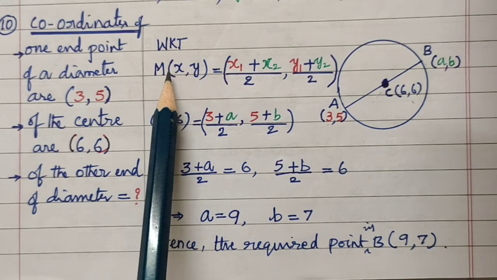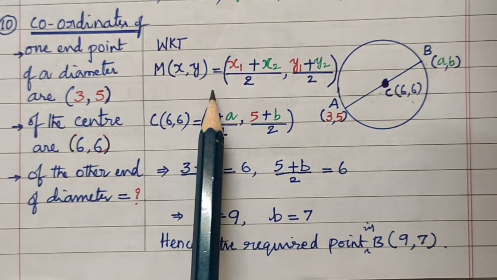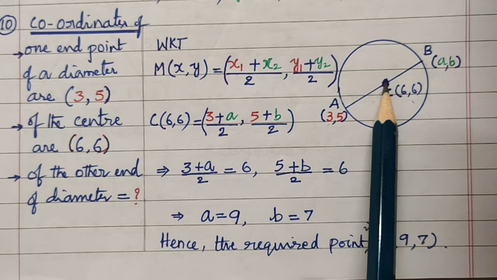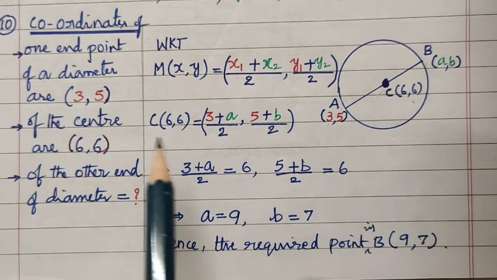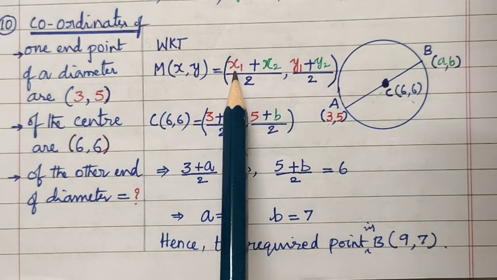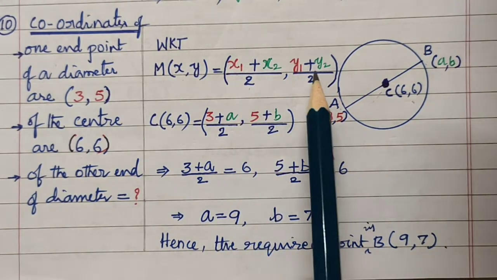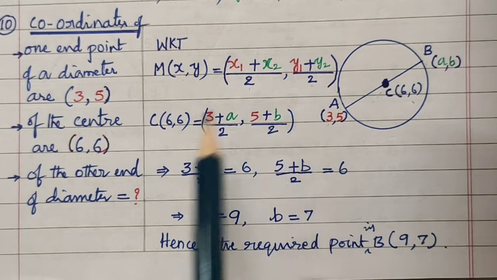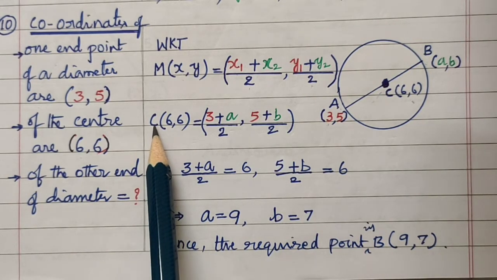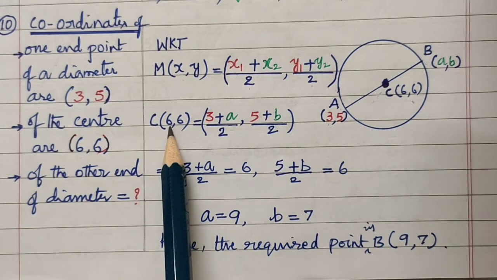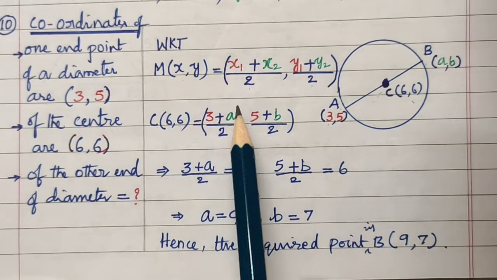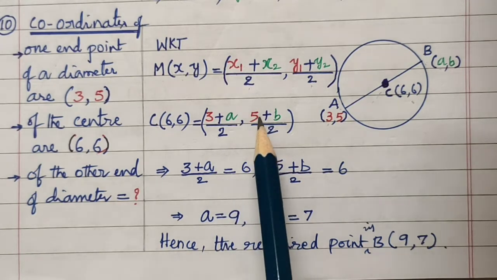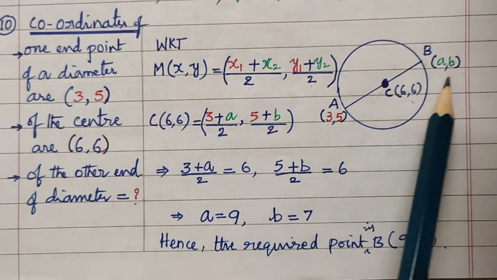We are using the midpoint formula here because the center is the midpoint of the diameter. M(x, y) is equal to ((x1 plus x2) divided by 2, (y1 plus y2) divided by 2). So the center (6, 6) is equal to ((3 plus a) divided by 2, (5 plus b) divided by 2).